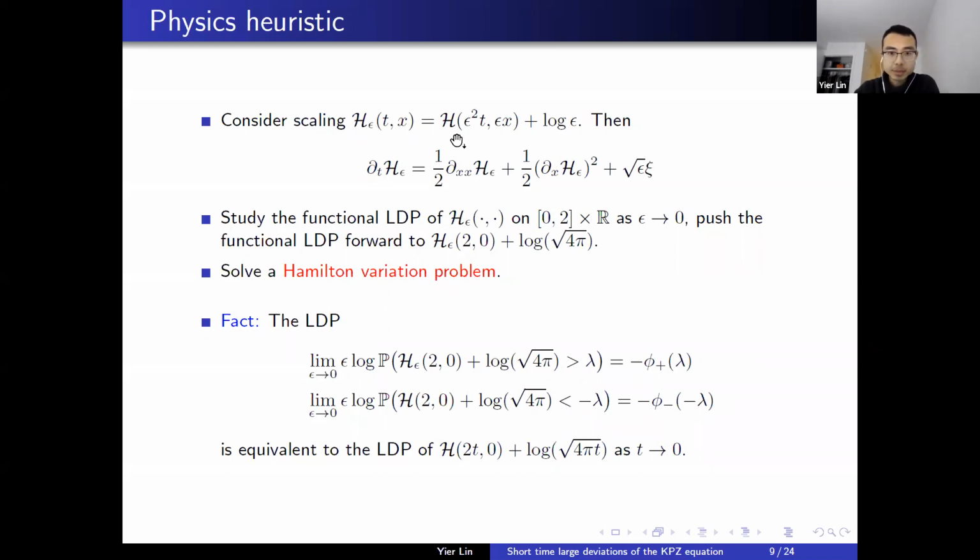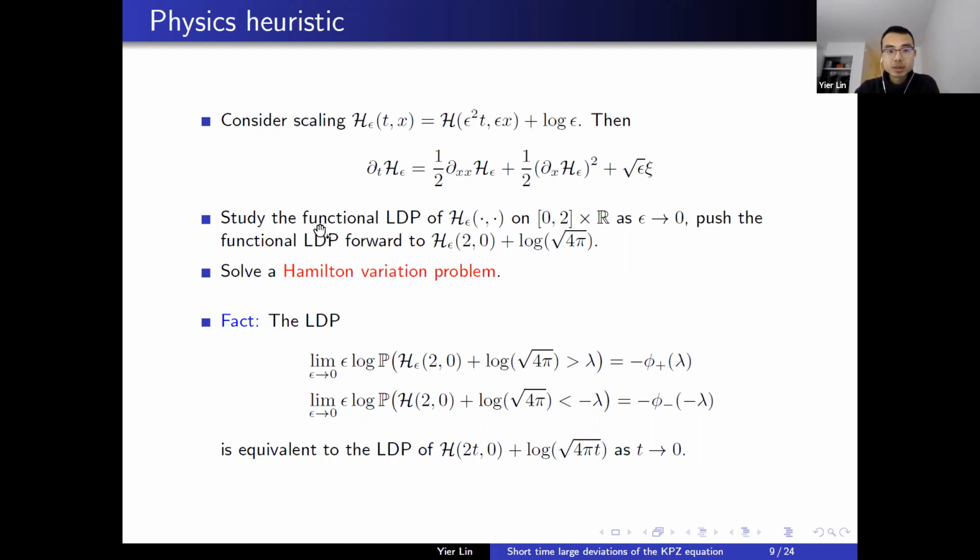Because it's a simple scaling, you can find that h epsilon will also satisfy a rescaled version of the KPZ equation. Every term remains the same except that in front of the white noise you get an extra root epsilon. We will take epsilon to 0. This is why the theory is sometimes called weak noise theory, because the noise becomes weaker and weaker.